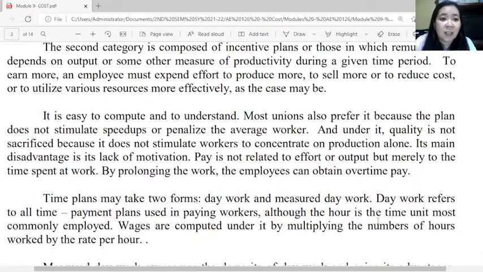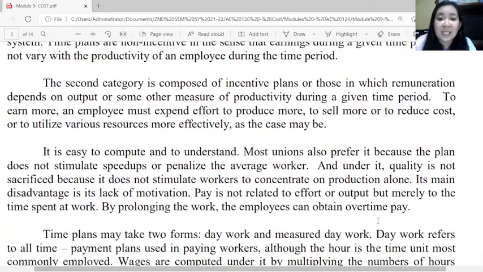So the second category is the incentive plans, in which the remuneration or the salary and wages will depend on the output or other measure of productivity during a given period of time. So to earn more, in this case, the employee should expend effort to produce more, to sell more, or to reduce the cost, utilize various resources more effectively, as the case may be.